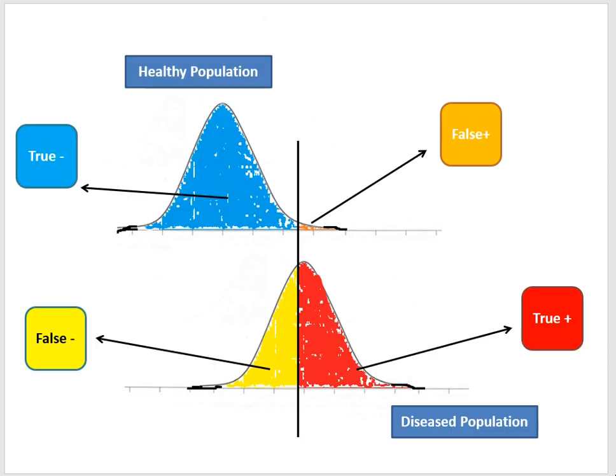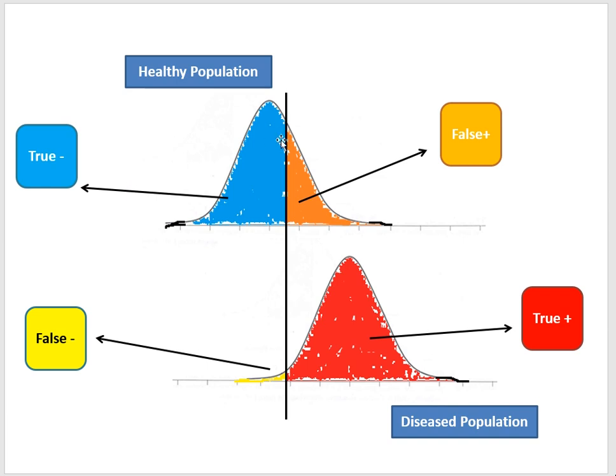Okay, so going back 1, 2, 3 slides. So imagine for that cutoff point, I want to calculate the sensitivity. Remember, the sensitivity is, in a nutshell, this red area out of the total area. And you can see that sensitivity is quite large, maybe 90%.